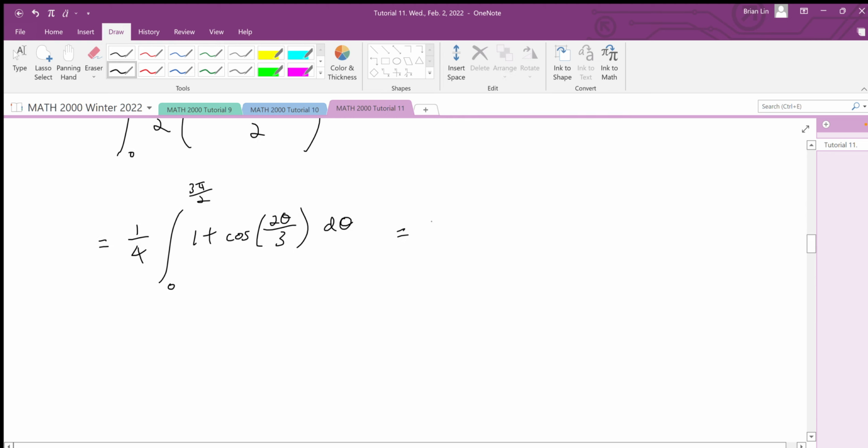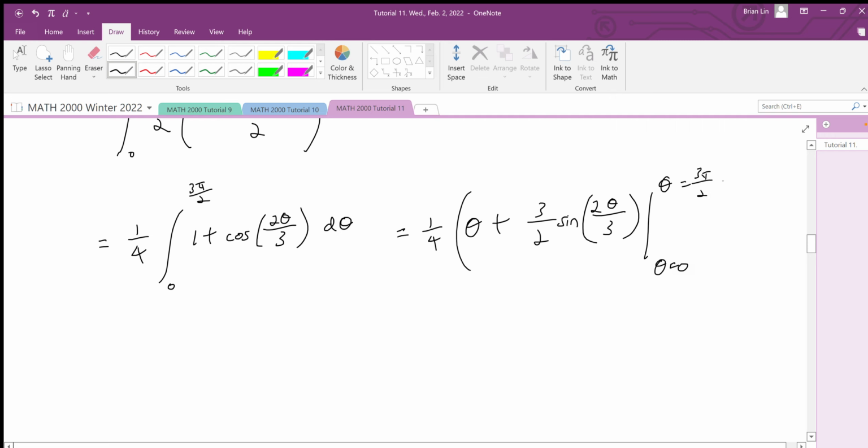So that's equal to 1/4. This will be theta, and this one is 3 over 2 sine 2 theta over 3. And the theta values go from 0 to 3 pi over 2.